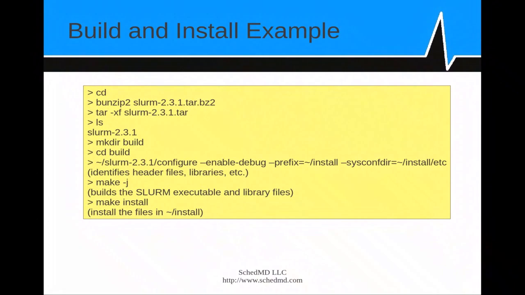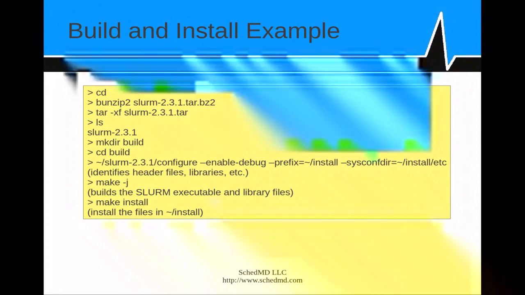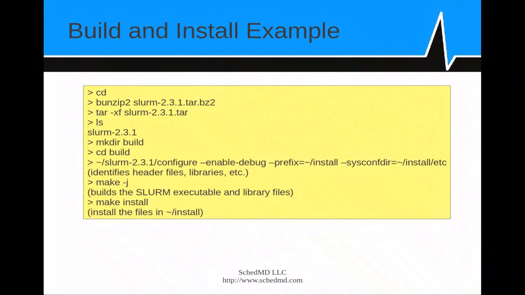So it's compiling all of these programs. The individual files are going to end with .c, so they're C programs. But a computer really doesn't run a C program. It runs an executable, which is just the ones and zeros. It's machine language. So make translates it into that. And then make install will actually install the files.